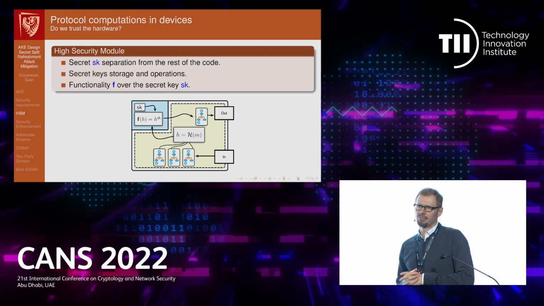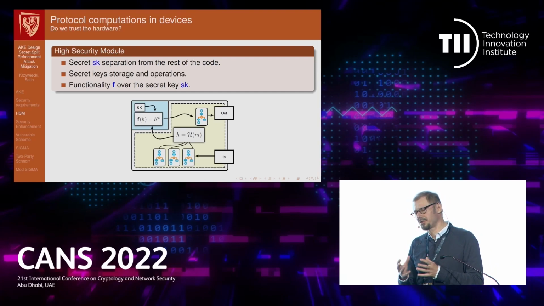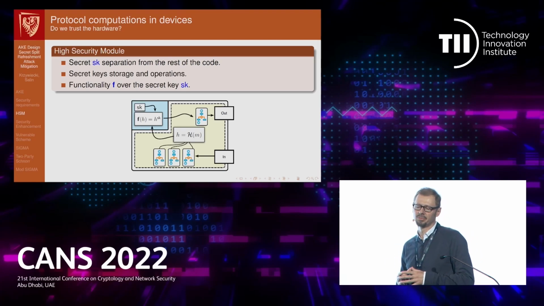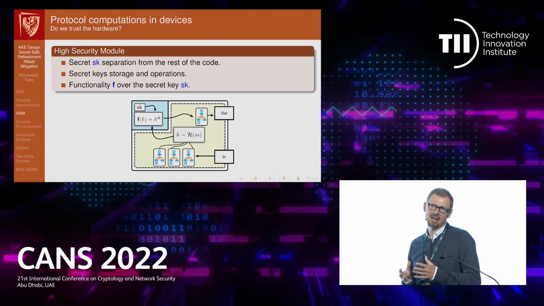That's why the producers, the manufacturers, try to separate the area where the secret key is stored in special modules of high security. We call them high security modules. Depending on the functionality of the modules, we call them, for example, signing modules, where we have in the device the signing functionality, which could be part of the whole construction.